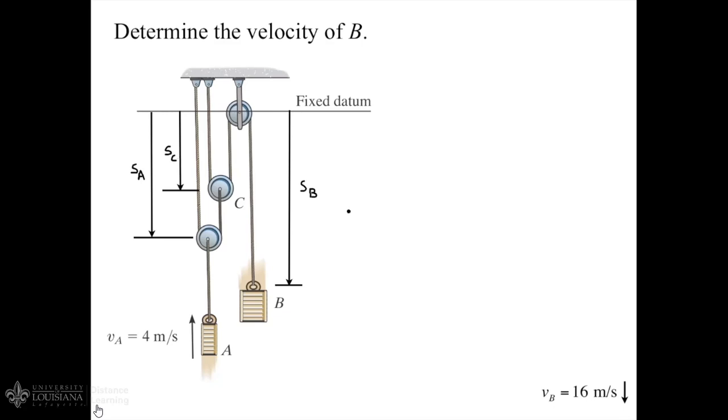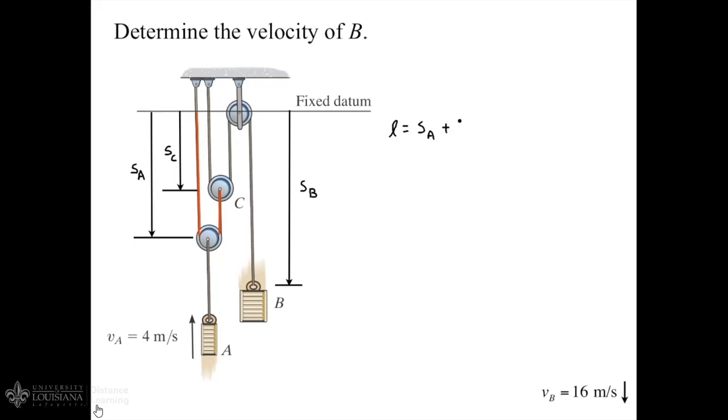Now that these are established, we have to relate them to the changing lengths of each of the cables. And so if we consider this cable, here's our changing lengths, just two of them. This piece up in here and the piece around here remain the same length for all time, but these two are changing their lengths. Therefore, we write that length as L equaling S sub A plus what?